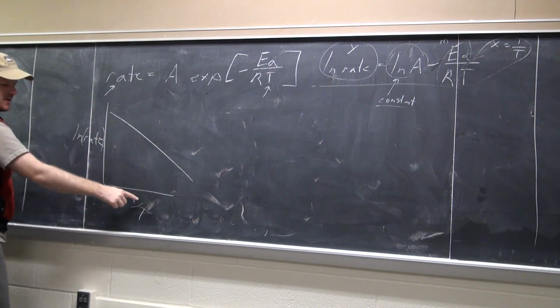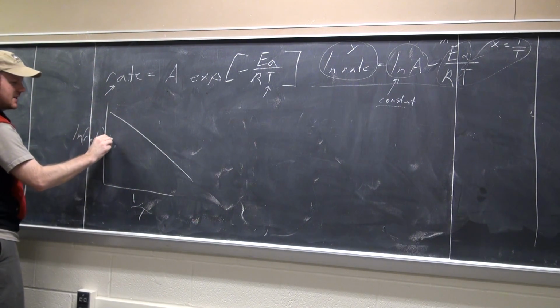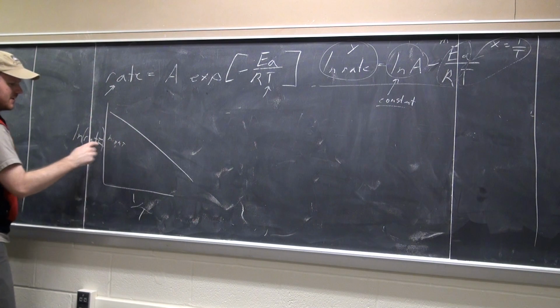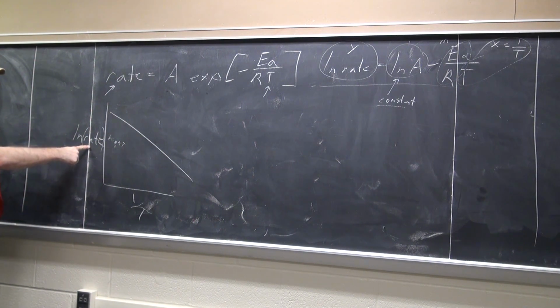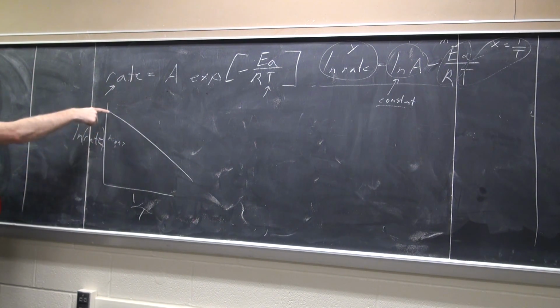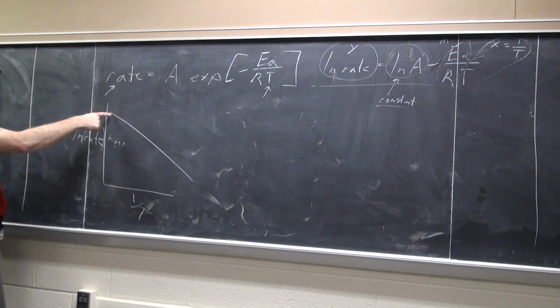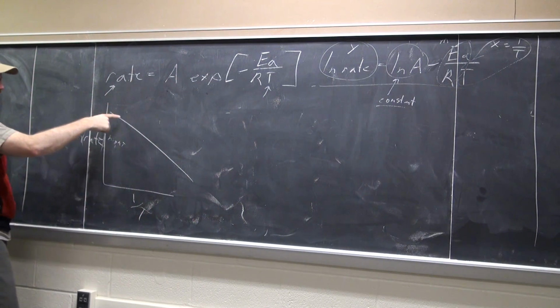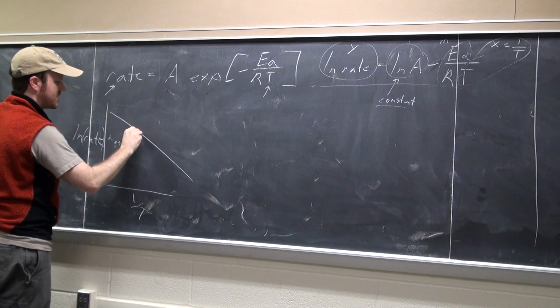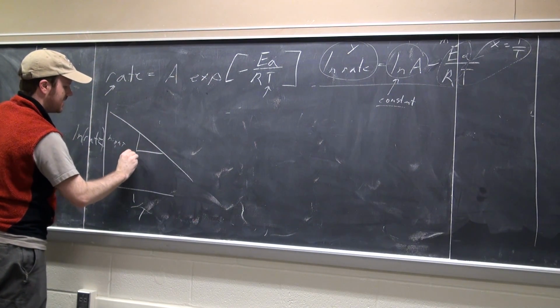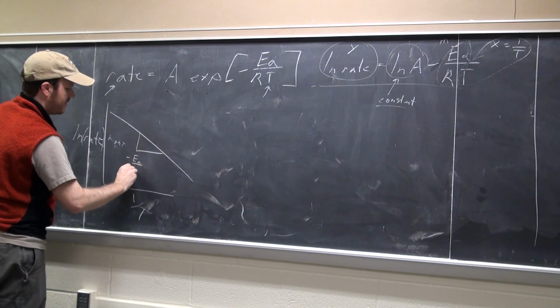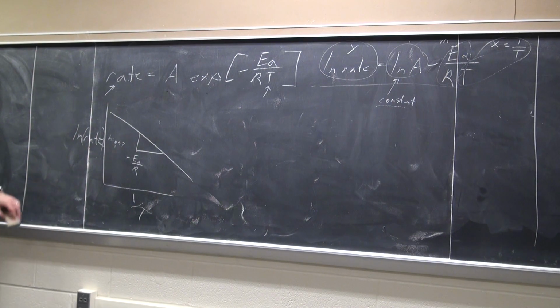High temperature, right? 1 over T, so this is high temperature. High rate, right? And ln of a high number is still a high number. So here is high rate, high temperature. Here's low rate, low temperature. And the slope is negative EA over R.